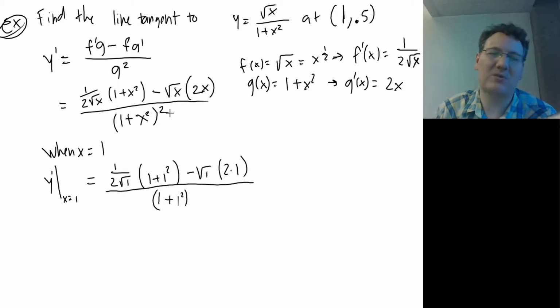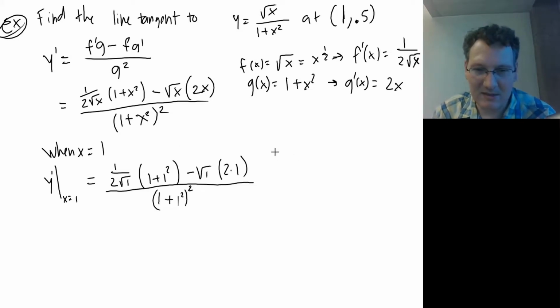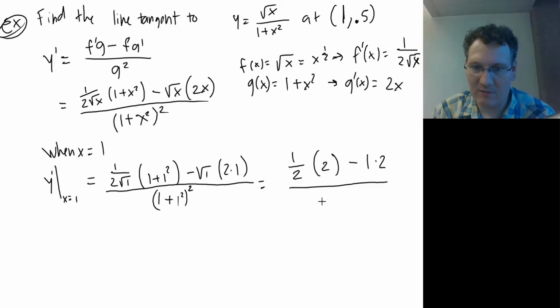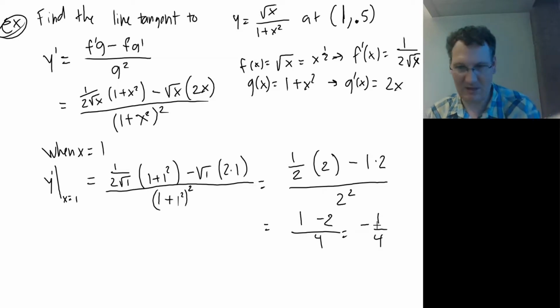Oops, I didn't put the squared before. That's squared. A lot of ones. Let's see what this comes out to be. We have 1 over 2 times 2, minus 1 times 2, all over 2 squared. So we have the first term, 1 minus 2 over 4. That's negative 1/4. Yeah, negative 1/4.